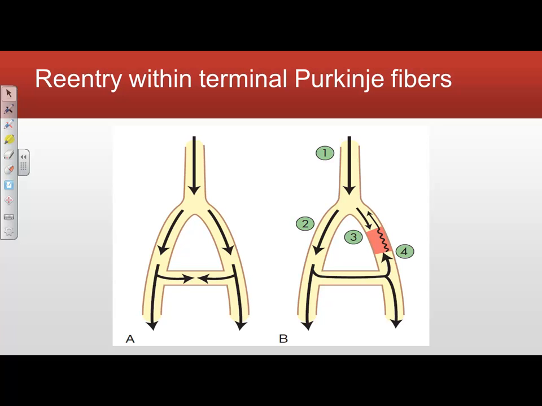But here's the thing. This is going to be delayed, and we'll see that on the monitor. If everything's functioning normally, we're going to have a good QRST. But in this case, I'm going to have a good complex, except for here, where I'm going to slow down, and that's going to show on the monitor.